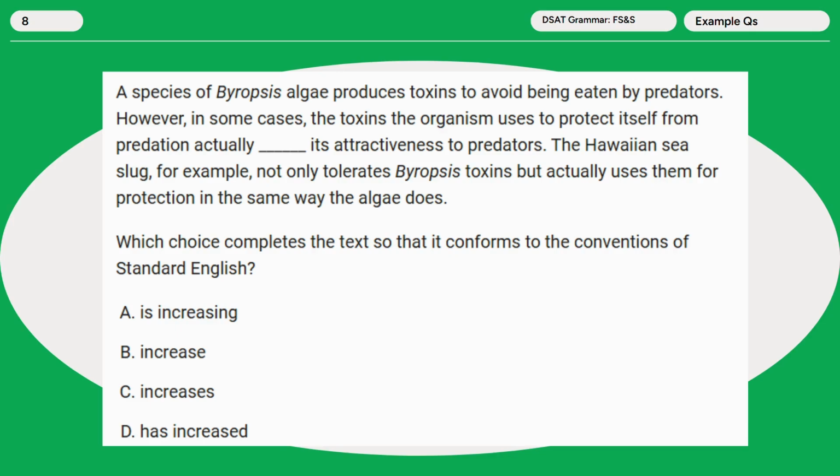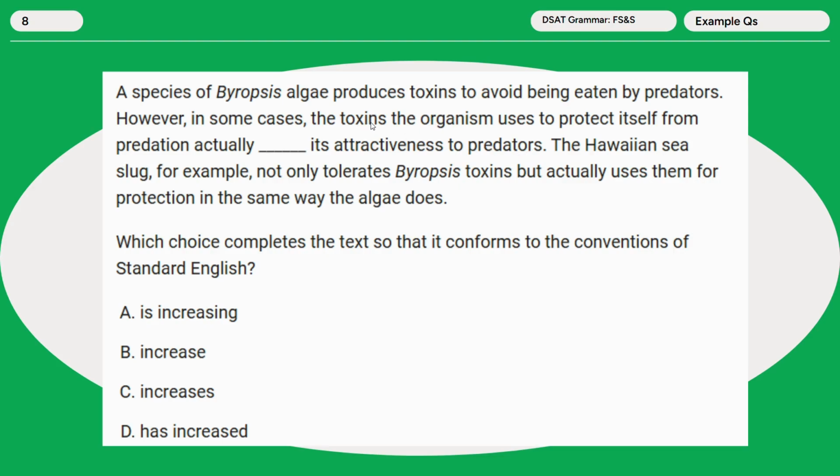Alrighty, again, the first thing I notice is that the blank portion is the verb. So we need to identify the subject the verb is referring to. I'll give you a moment. Okay. So if you chose toxins, then you are correct. So in this case, toxins blank its attractiveness to predators.